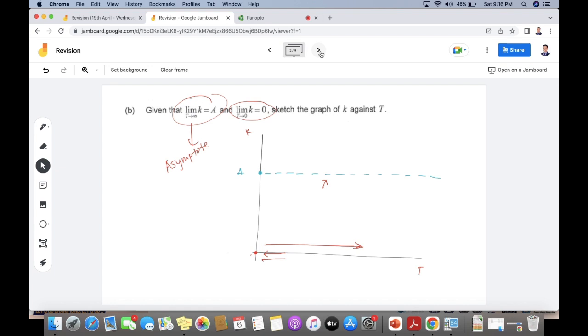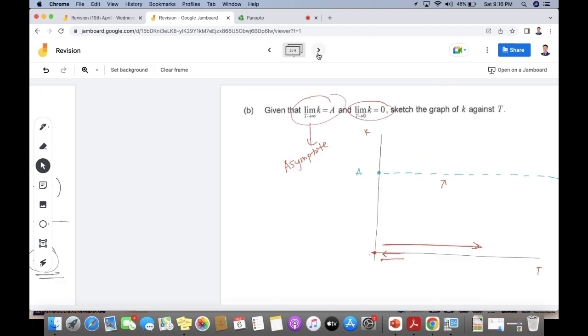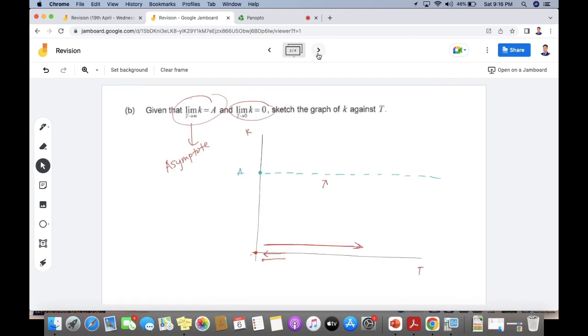So what would be the shape of the graph? So going back to your equation, we have here some sort of an exponential equation. Okay? So if you try to look at your calculator, the graph actually looks like this. It's a curve.